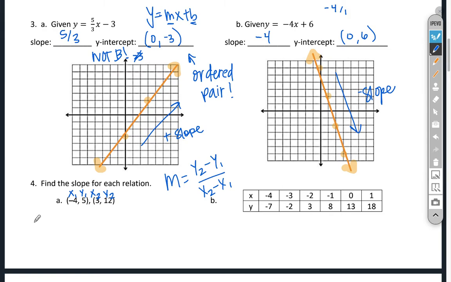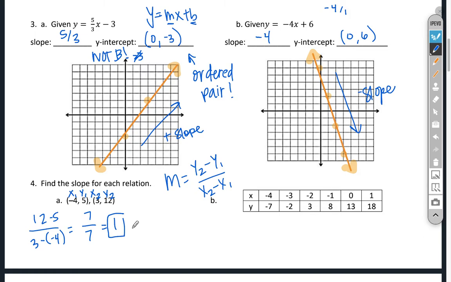So we would have 12 minus 5 over 3 minus negative 4. Make sure you watch that carefully. 12 minus 5 is going to give us 7. And then 3 plus 4 is also going to give us 7. So our slope is 1.